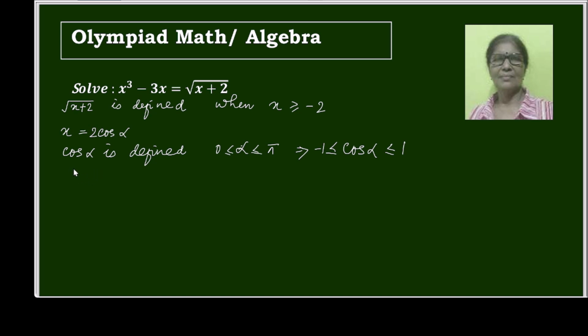So cos alpha is greater than or equal to -1 and less than or equal to +1, that means x, or 2 cos alpha, is greater than or equal to -2 and less than or equal to +2, or x is between -2 and 2.